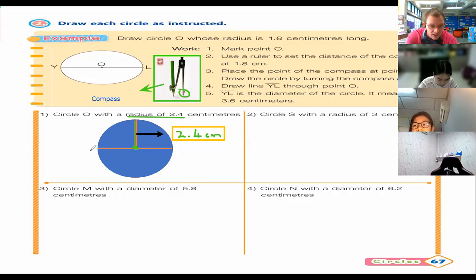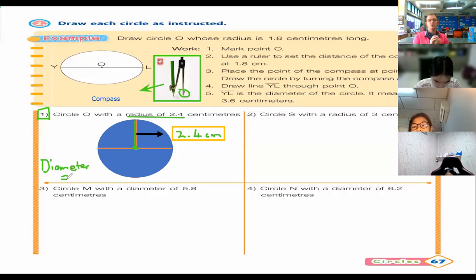But what will the diameter be for number 1? What would the diameter be if the radius is 2.4? Do we know how to calculate the diameter? 4.8. Excellent.